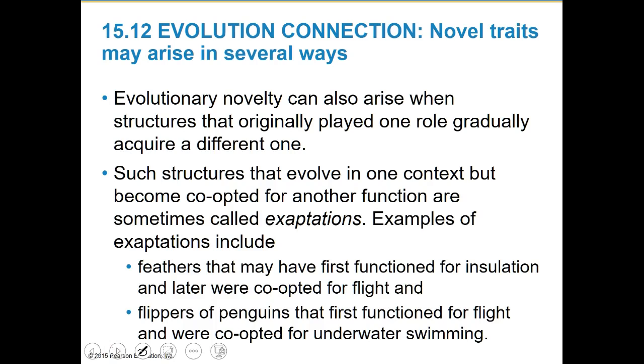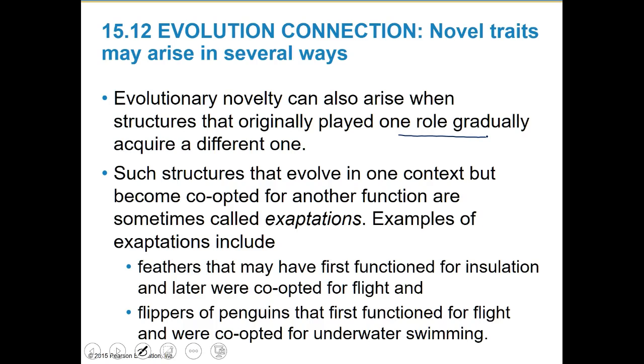Alright, so evolutionary novelty can arise when structures that originally played one role gradually acquire a different one. So when we change the roles, that's where we get some new things. Such structures that evolved in one context and become co-opted for another function are called exaptations. You don't have to write that one down, but it's just a cool thing to know. So feathers first functioned for insulation and were later co-opted for flight.